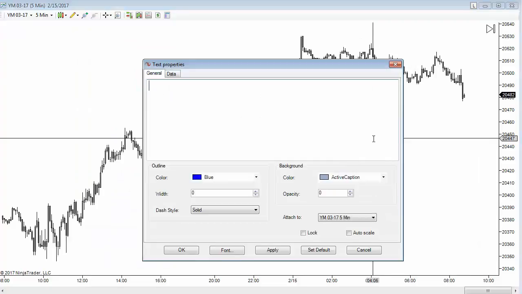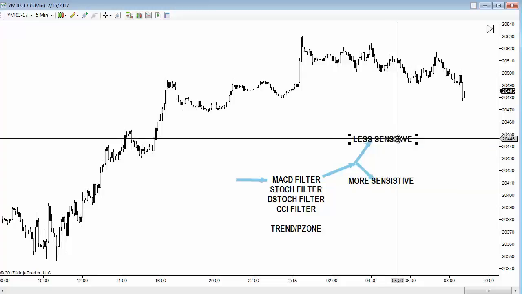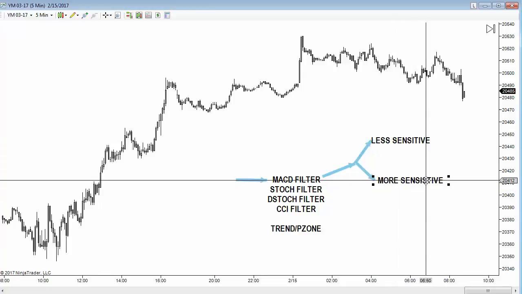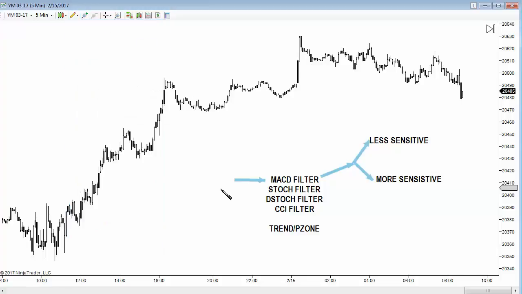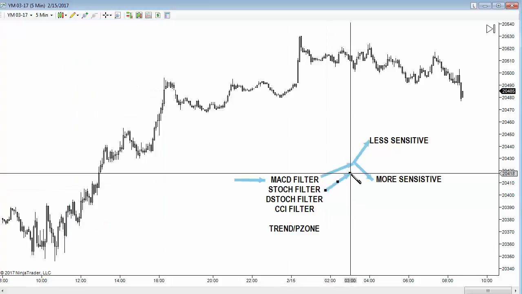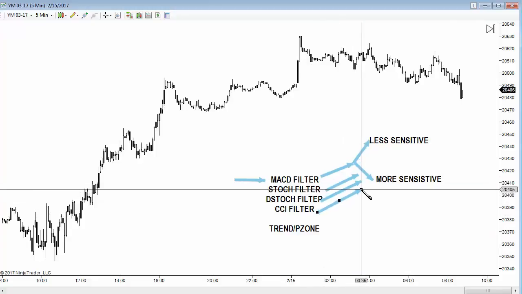Option number one will be to make the indicator less sensitive. And option number two would be to make the indicator more sensitive. So inside of each one of those filtration processes, we can break these out into that pattern of being more or less sensitive.